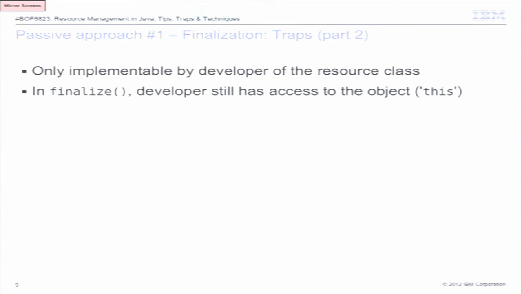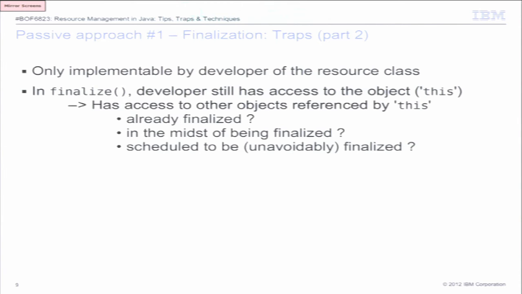One of the scariest bits is that in finalization, because it's an instance method that's being called, you still have access to the reference to the object itself, and therefore you have references to all other things that object refers to. And as I've already mentioned, those other objects may have already been finalized.